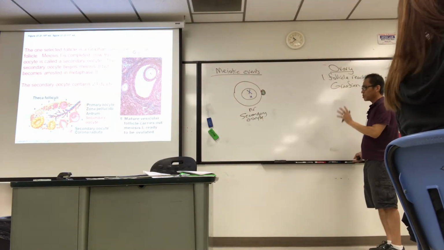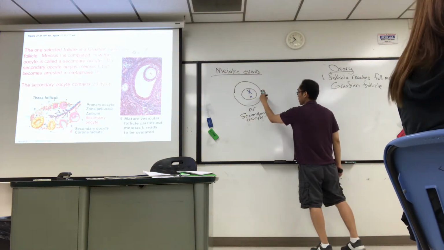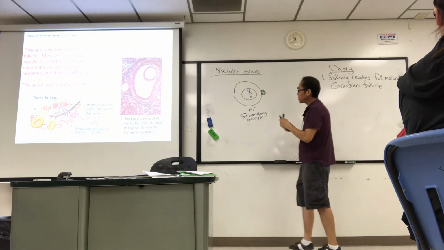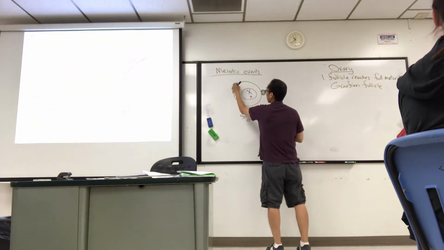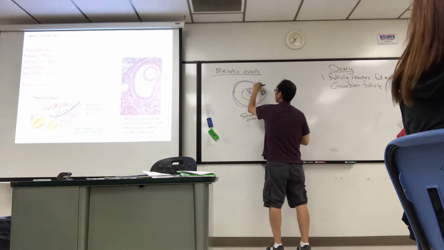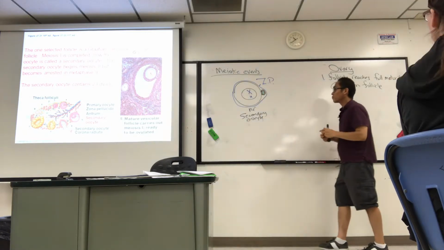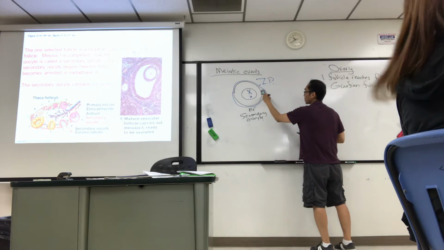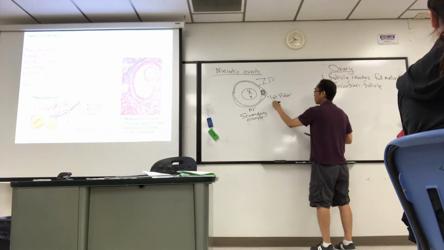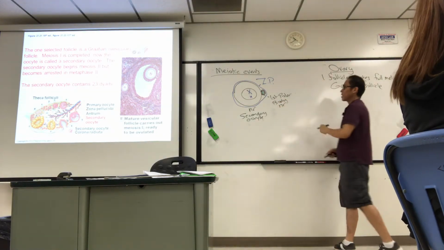Got no cytoplasm, just the genetic material. It's also NR for our discussion's sake. But let me draw the zona pellucida around it, because they're all stuck inside the zona pellucida. CP. First polar body, which is also haploid replicated. So that's what we got.